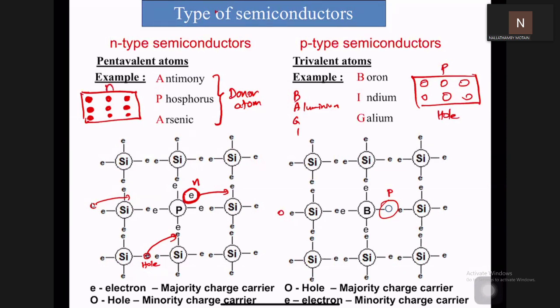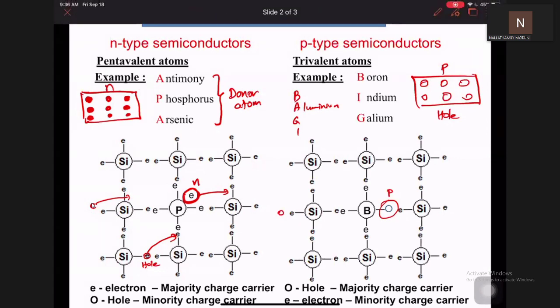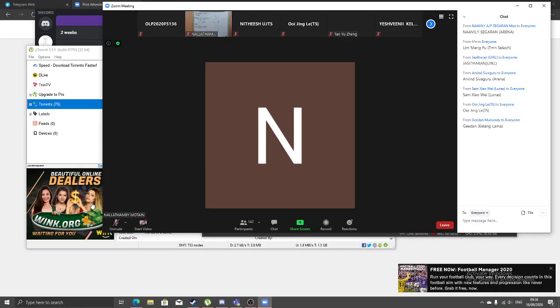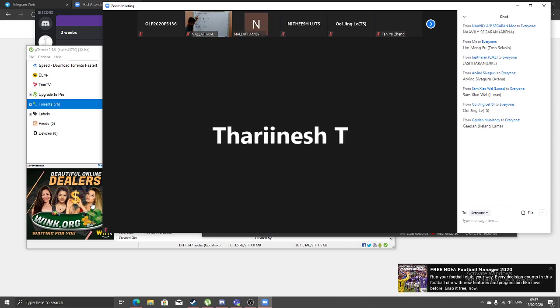Okay, we can see the whiteboard. Semiconductor diodes are formed using P-type and also N-type semiconductor.